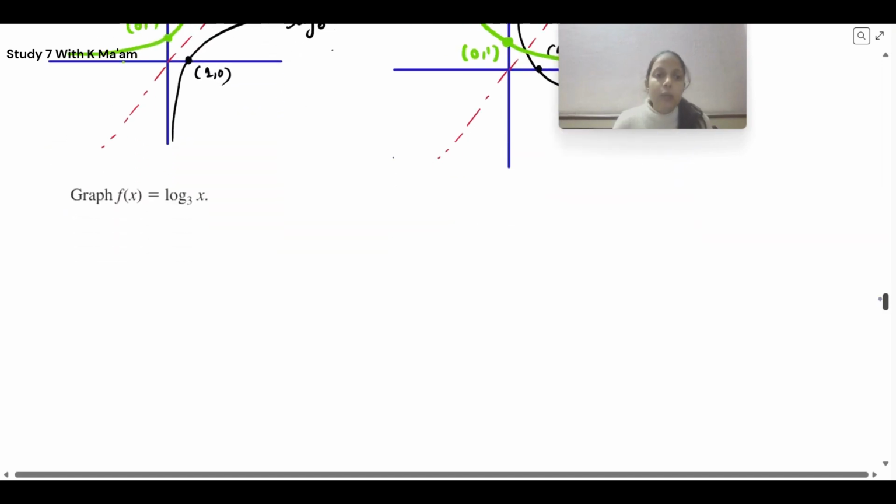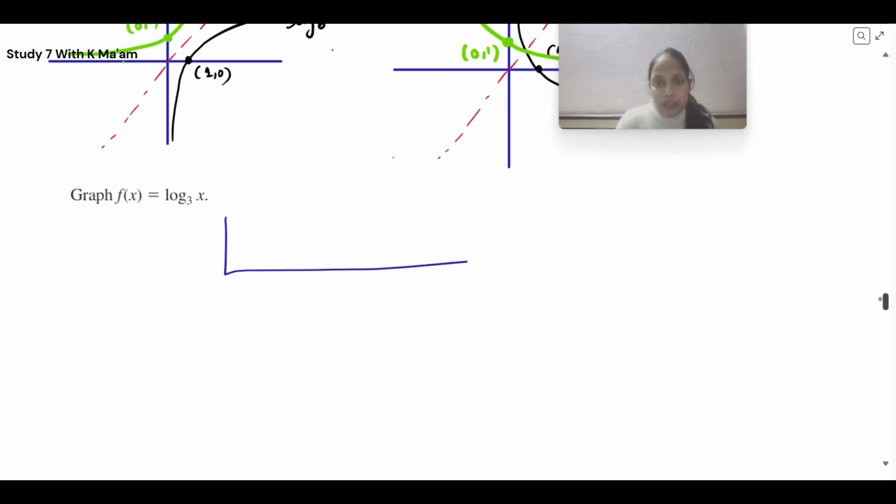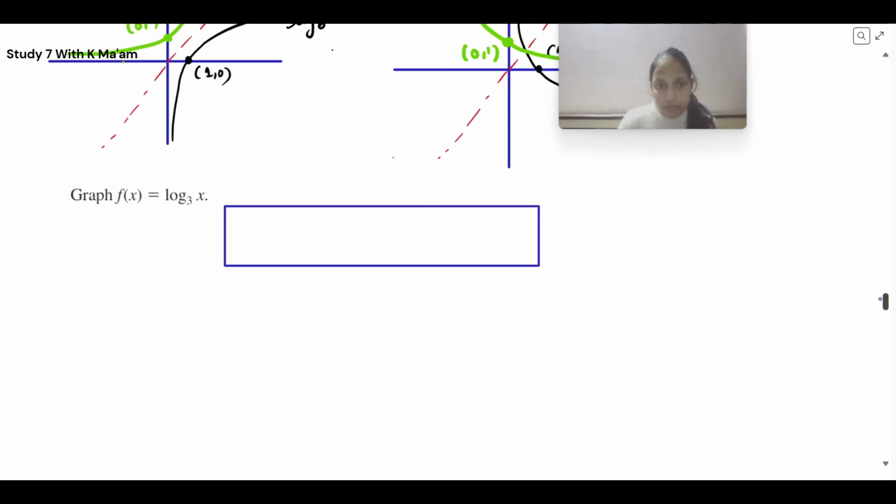See next. We have to graph f(x), which is log base 3 of x. If I write the values, I choose 1. At 1 it is 0. At 3 it is 1. At 9 it is 2.